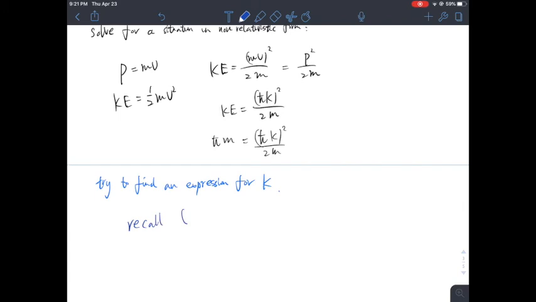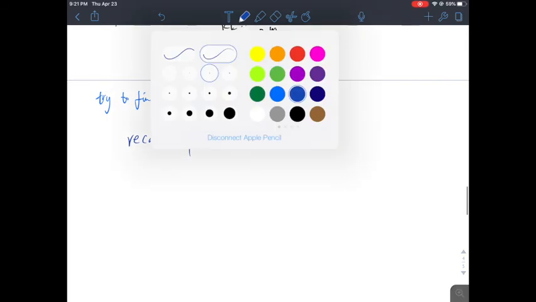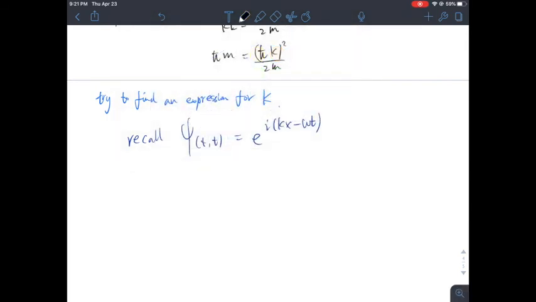So let's recall our original function. Psi of x,t is equal to e to the i times (kx minus omega t). Then let's use a little trick and differentiate this function.